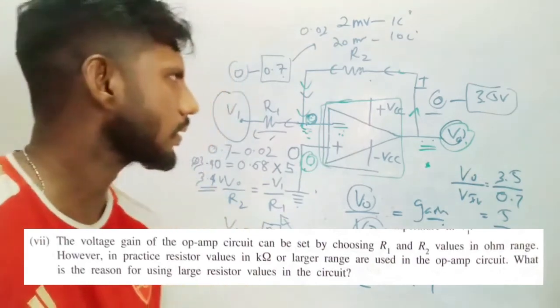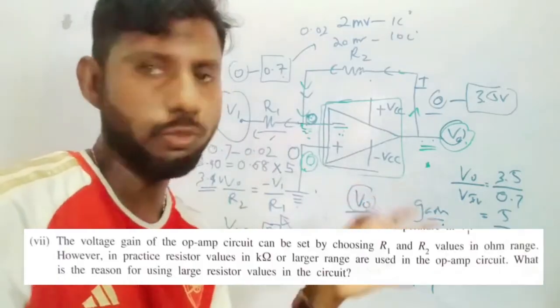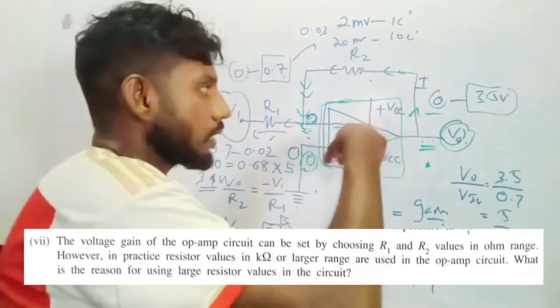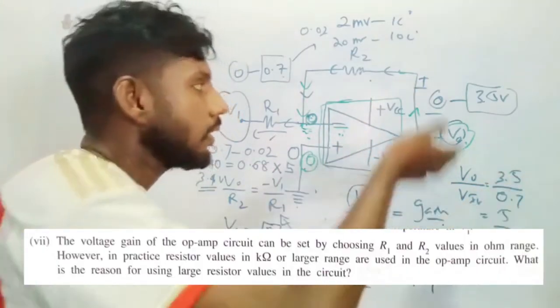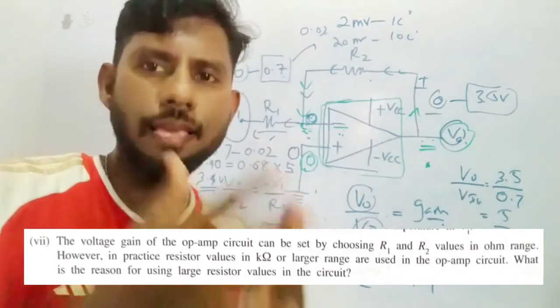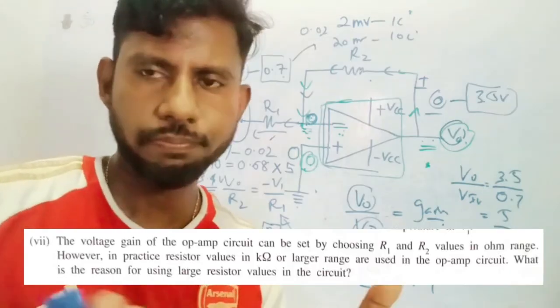Even if you write resistance, that is correct. So the input resistance of the circuit must be higher, so kilo ohm range resistors are being used. You know, the input resistance must be really high for an operational amplifier. That's a golden rule even. So we are using high resistance to make the input resistance higher. So that's the answer, right?